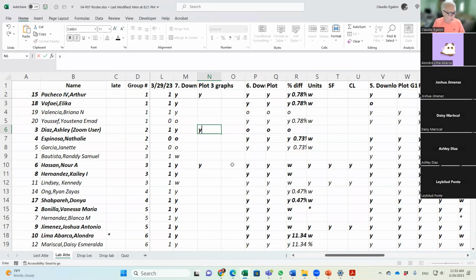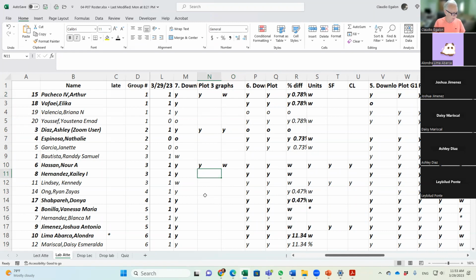Let's see. Okay, good. How are the percentage differences that you got? Okay, you didn't get them so far, right? So it's still working. Here you go.